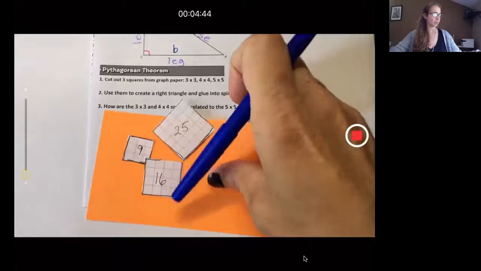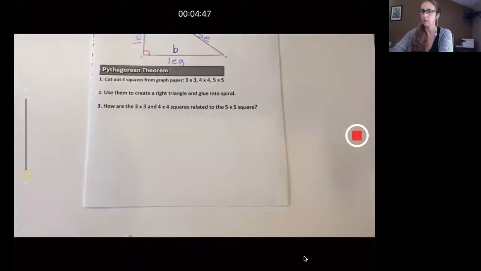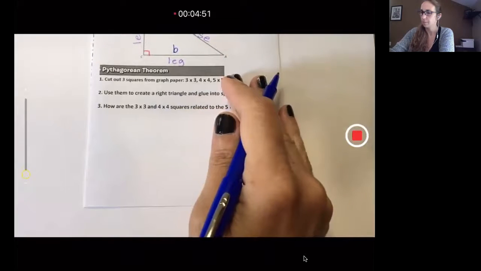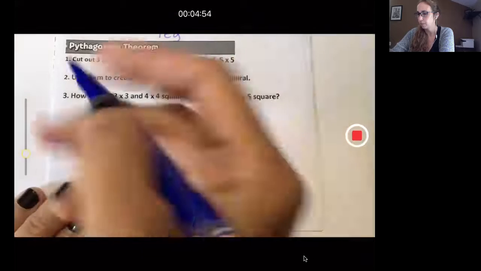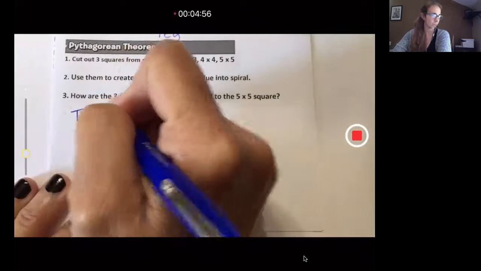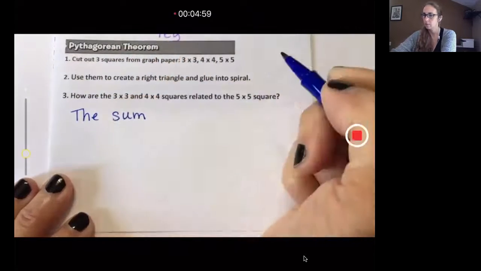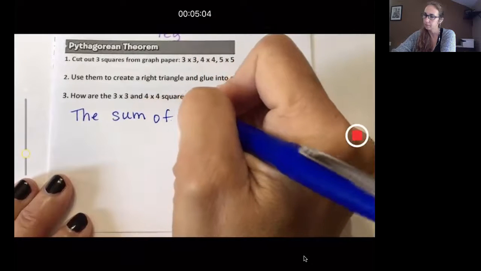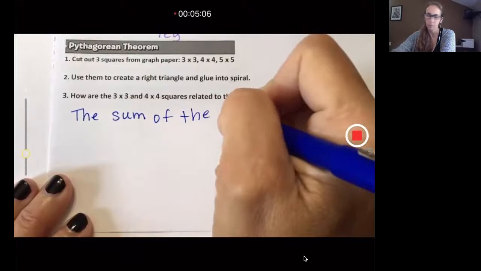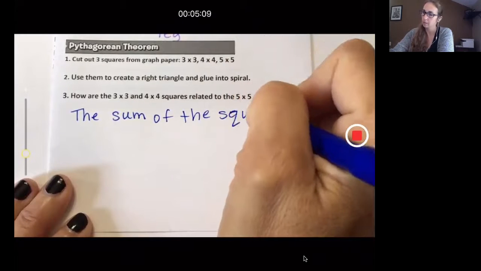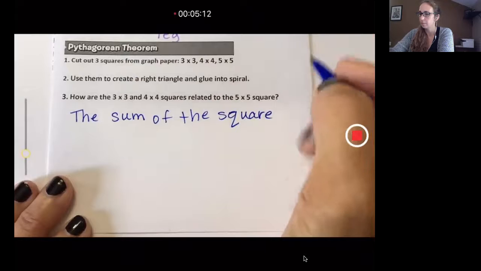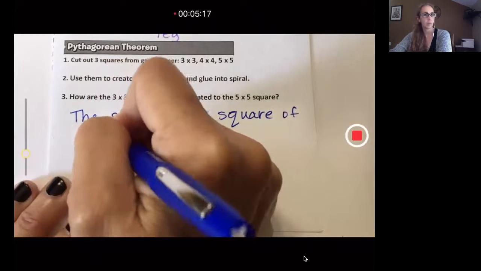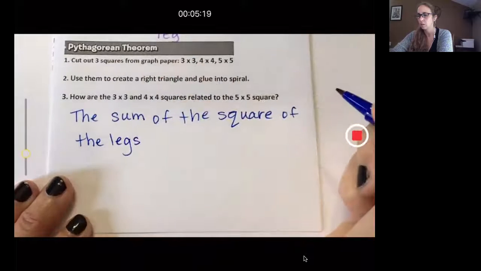So here at the bottom, let's write the sum of the square of the legs is equal to, what is it equal to?